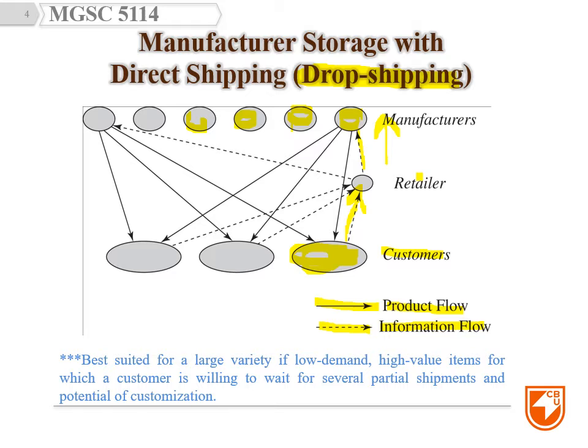Which type of products are best for this type of distribution network? This is very good for items that have a large variety and very low demand. Barely people may use them, so they have a certain manufacturing process, and the price is also very high.